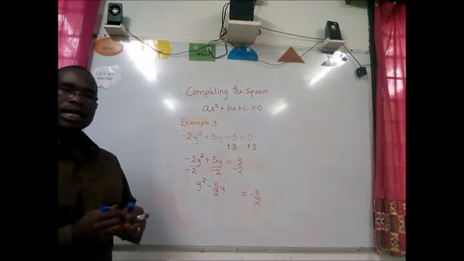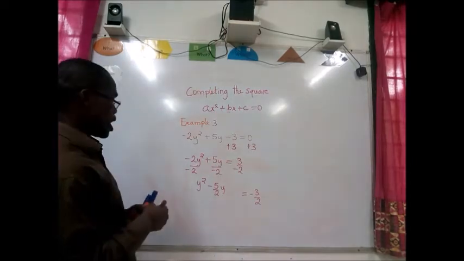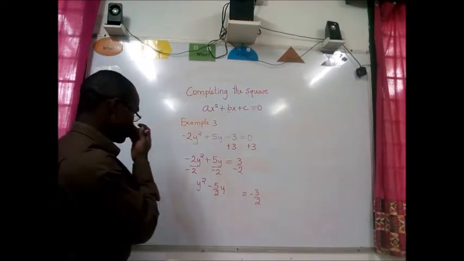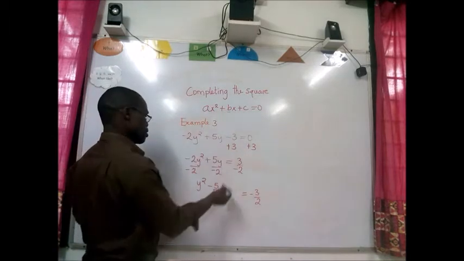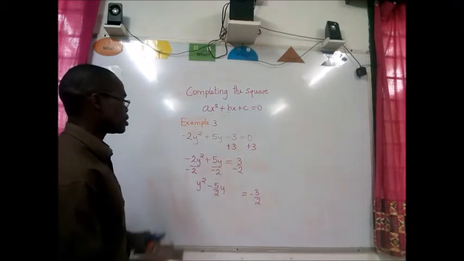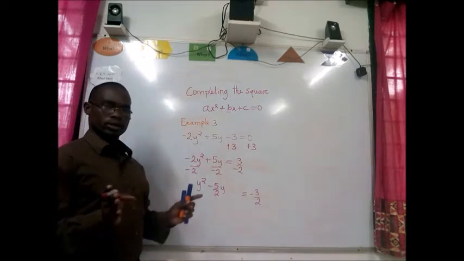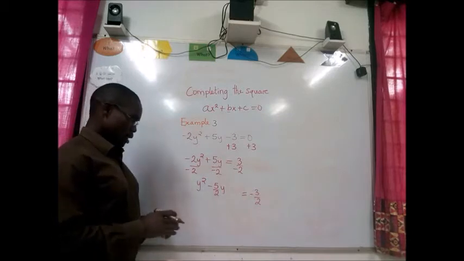Now, what is to be added there? If you do remember, the coefficient of y, the variable without the square, we say it is b.